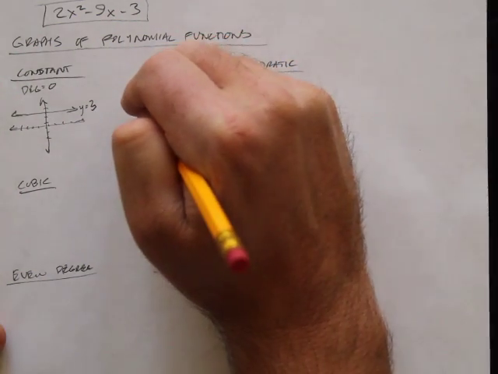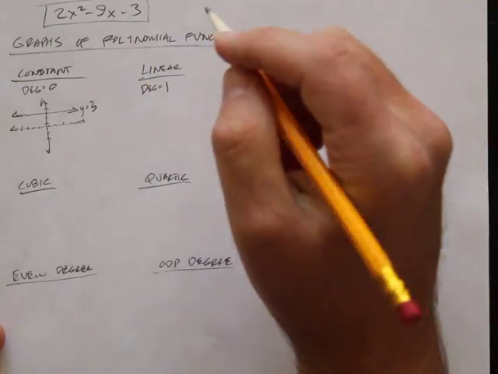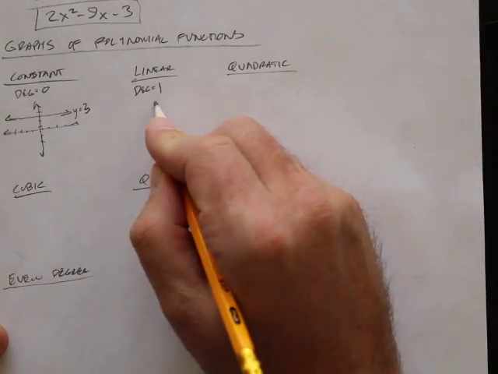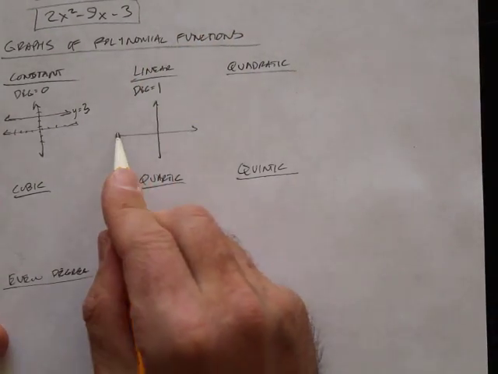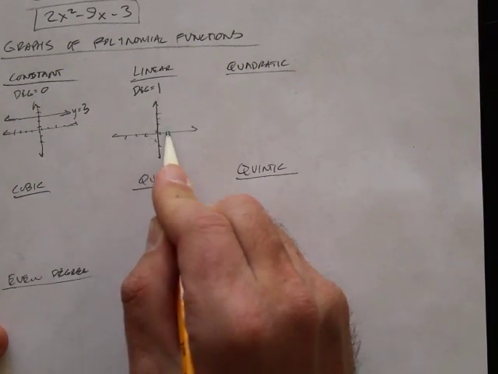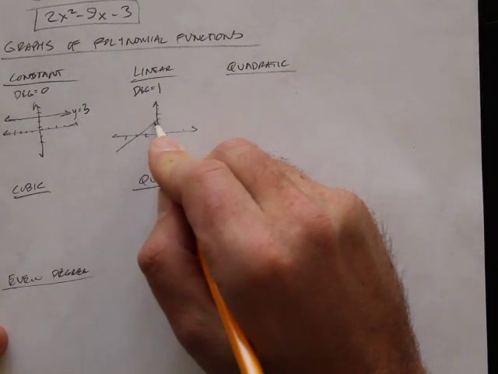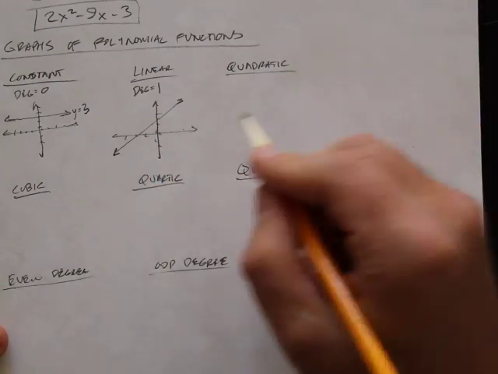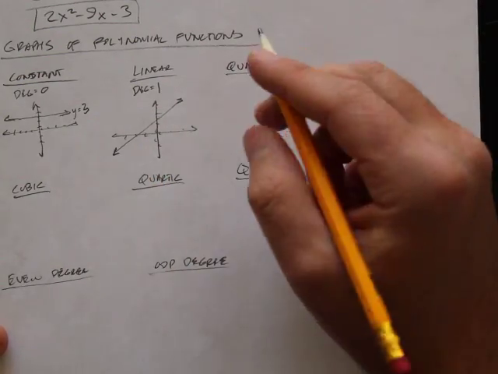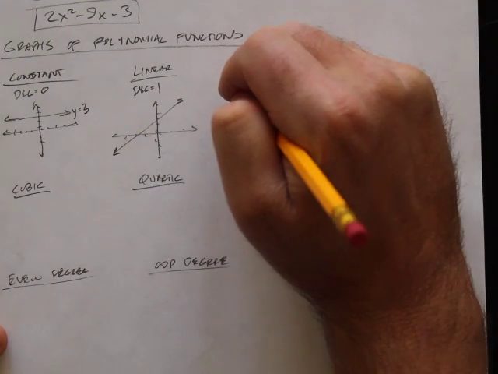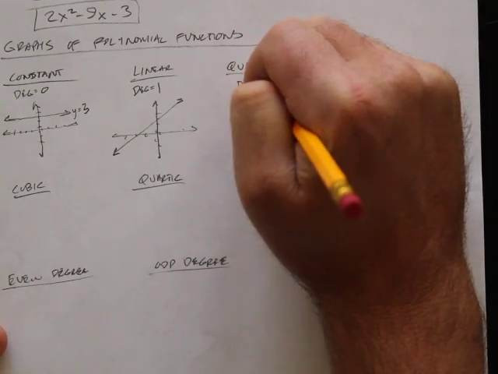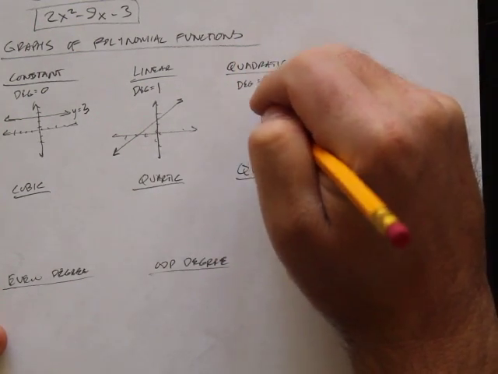Linear, remember, has a degree of 1. Here's my coordinate plane. A linear line would look something like that. It doesn't curve, it's just straight. Quadratic has a degree of 2. And this looks something like this.